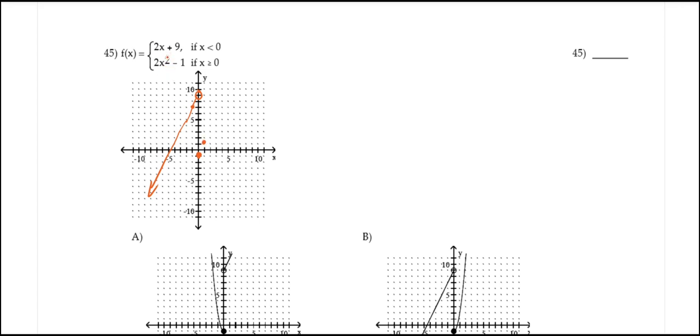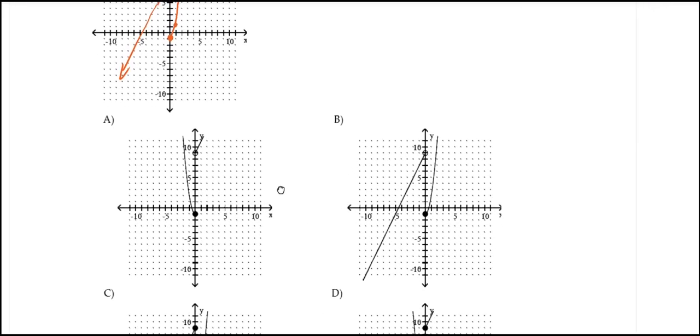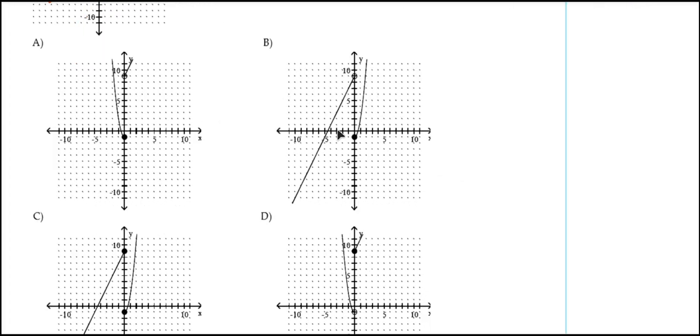Or plugging in a 2 here, I would get 4 times 2 is 8, minus 1 is 7. And so this gives me enough points that I could plot a couple of values for my parabola. And this should give us enough to match the graph. Parabola on the left, line on the right, and the correct endpoints, open and closed respectively like this, we can see that B is going to be our graph.